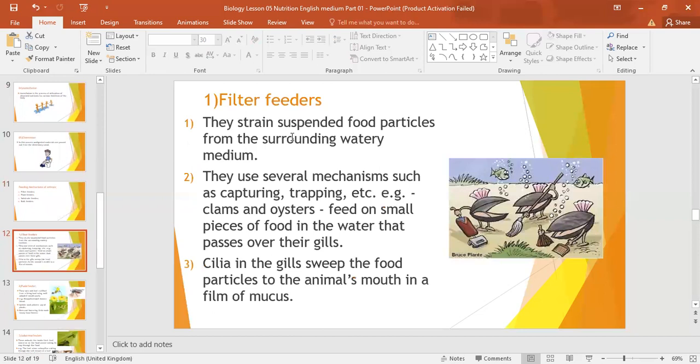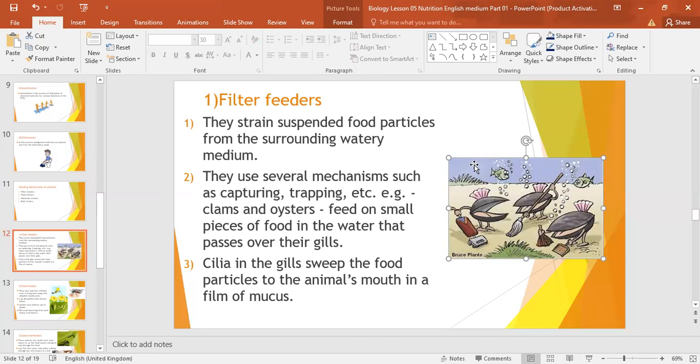First one, filter feeders. Take an idea from this picture. They are acting as a cleaning service. How are they feeding? Actually, this is not eating. This is just feeding. They strain suspended food particles.